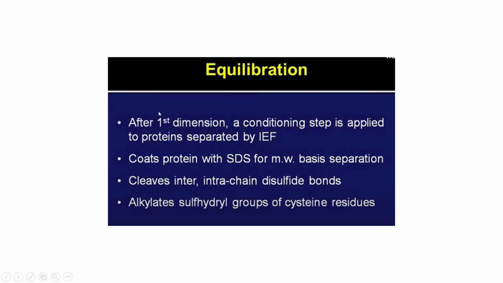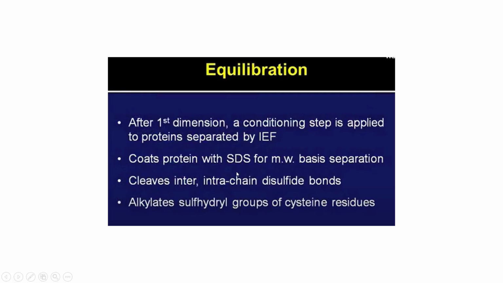So after the first dimension, as we just discussed, we need to equilibrate it. This is the conditioning step where proteins separated by IEF now need to be coated with SDS for molecular weight based separation.